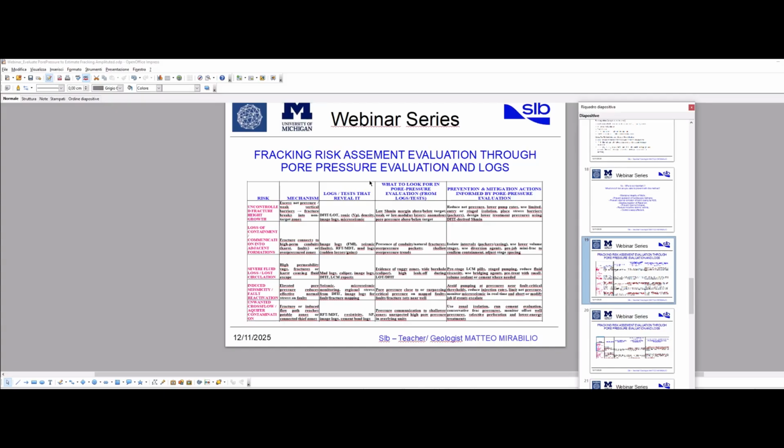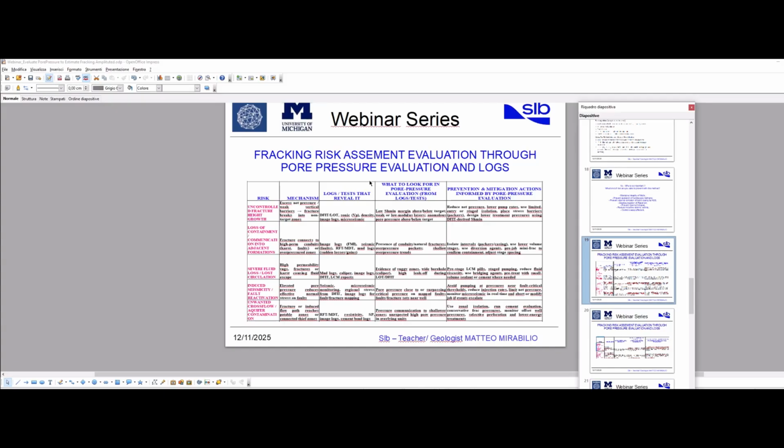You need to evaluate the low Shmin margin below the target and what kind of prevention and mitigation action you can perform before starting fracking: reduce the net pressure, lower pump rates using limited entry and stage isolation, place a stress barrier, and like this.